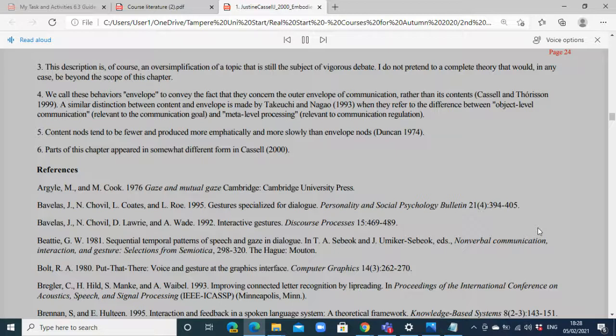Forthcoming. Cassell, J. and M. Stone. 1999, Living Hand to Mouth, Theories of Speech and Gesture in Interactive Systems. In Proceedings of the AAAI Fall Symposium on Psychological Models of Communication in Collaborative Systems, Cape Cod, Mass. 34-42.